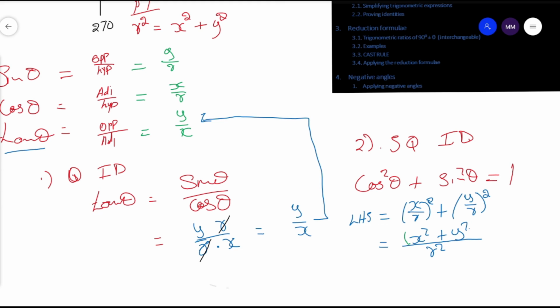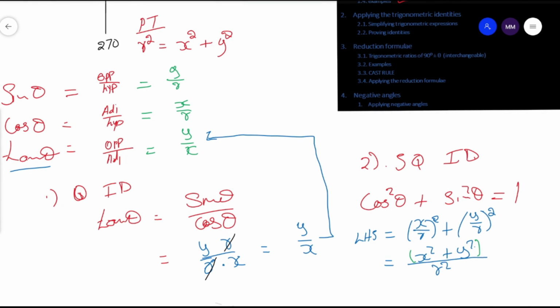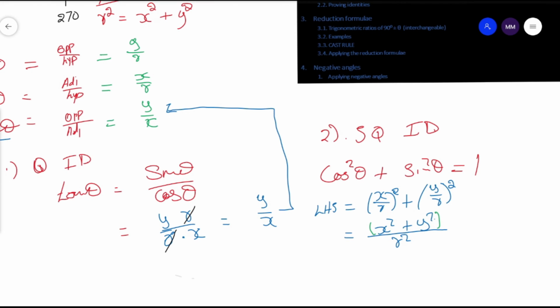This here, according to Pythagoras, is actually r squared. So r squared is equal to x squared plus y squared. Therefore your x squared plus y squared over here becomes r squared. Therefore we can write it as r squared over r squared. They cancel each other, they give you 1.